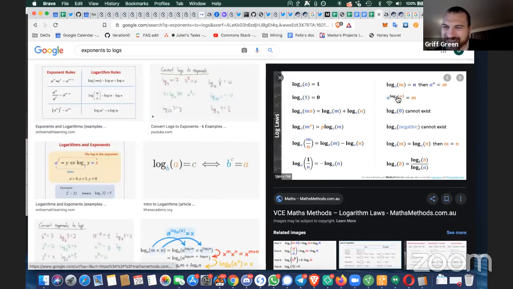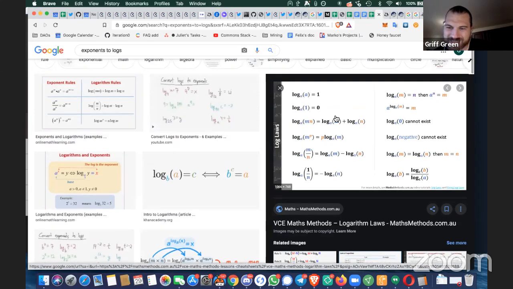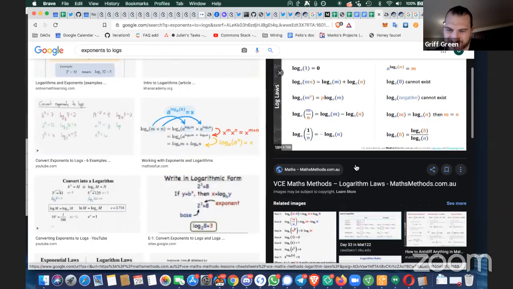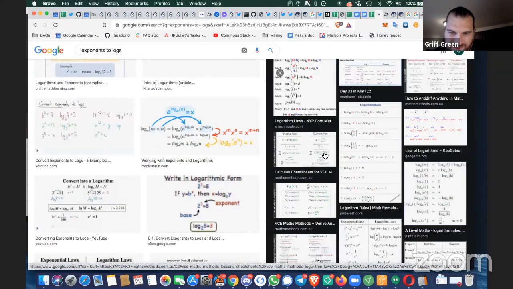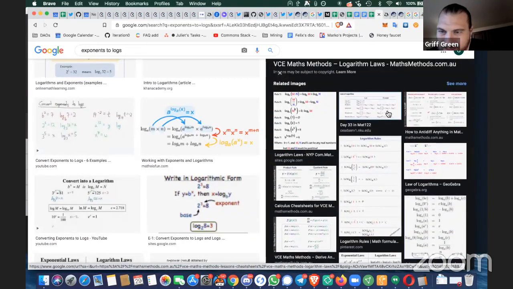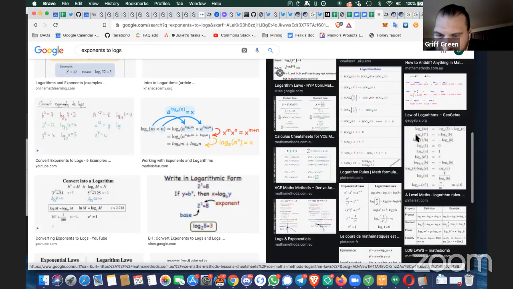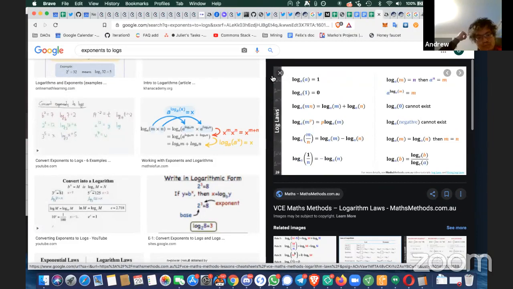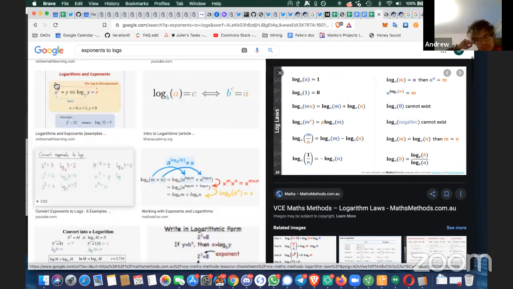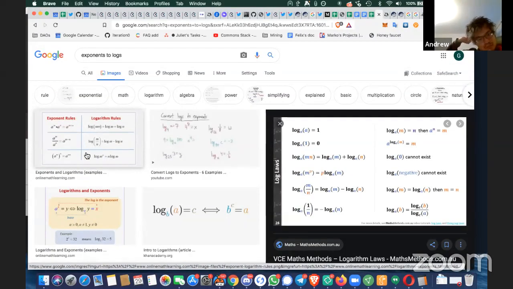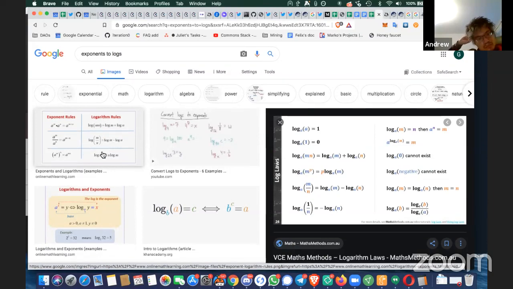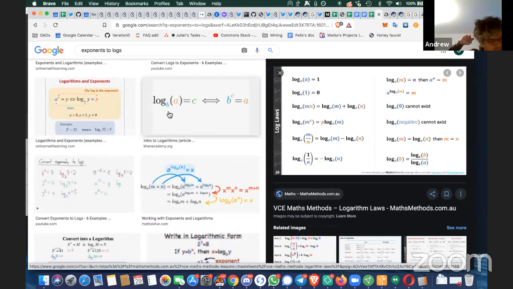Log base b of c equals a, log base b of a equals c.